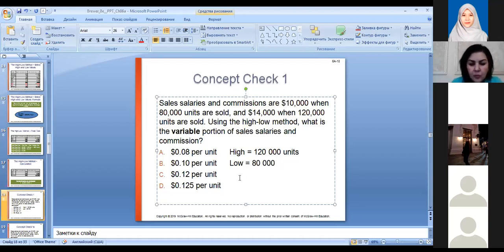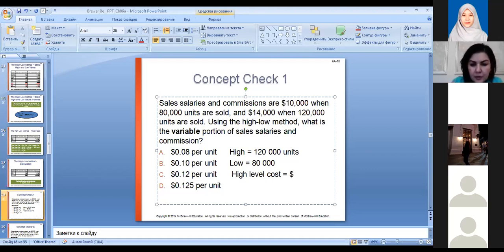And now, what is the corresponding cost at the high level? High level cost equals 14,000.